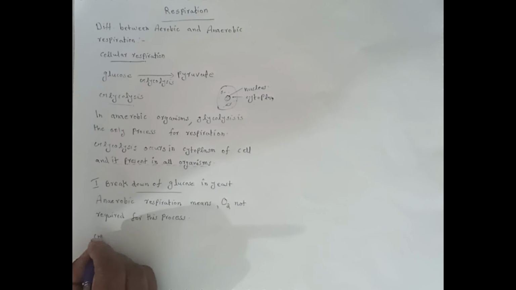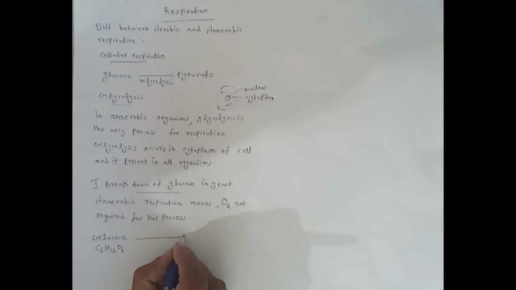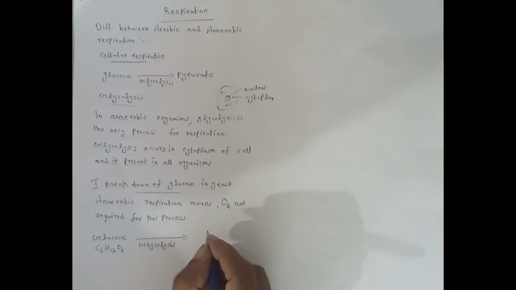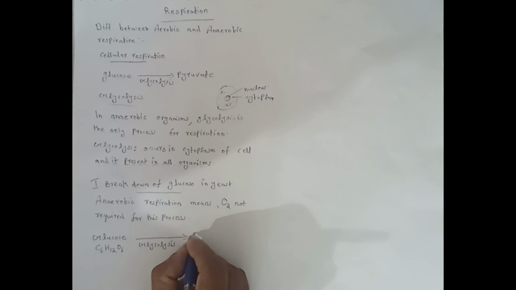Here glucose is a 6 carbon molecule. The first step, glycolysis, is common in all types of aerobic and anaerobic respiration. It forms pyruvate, a 3 carbon molecule.